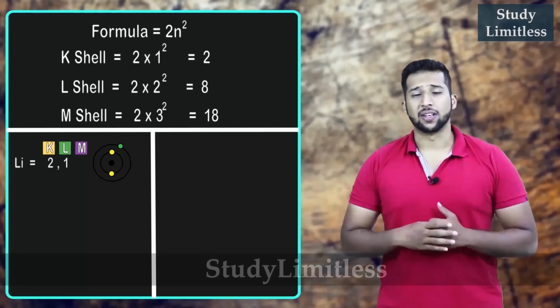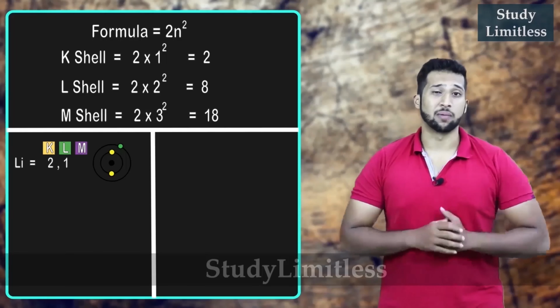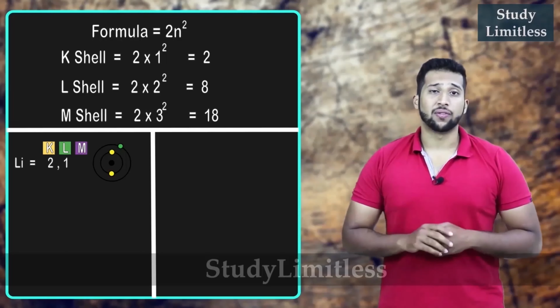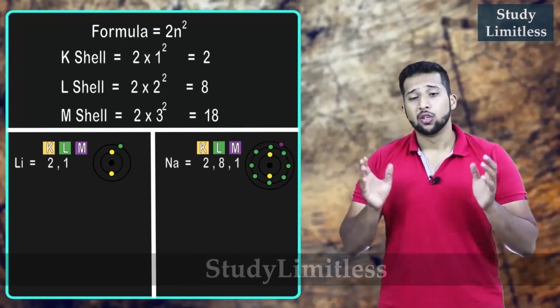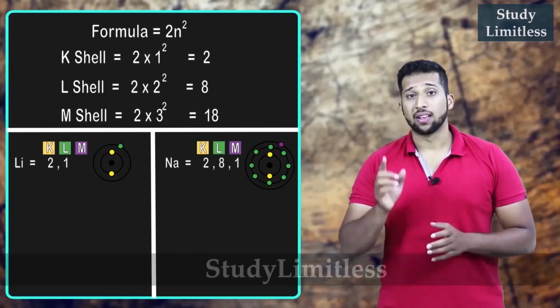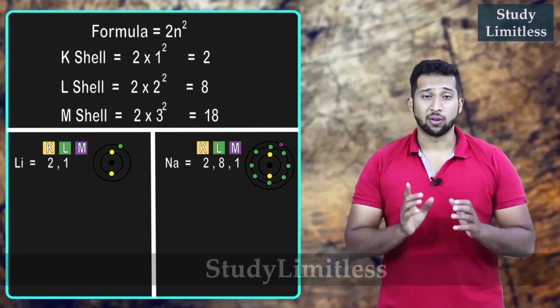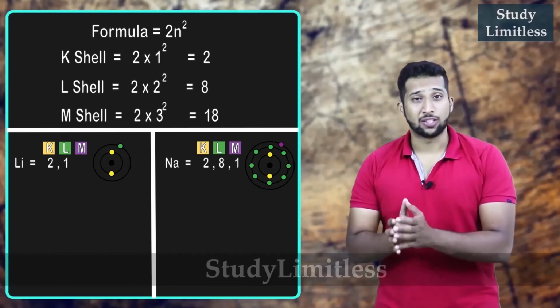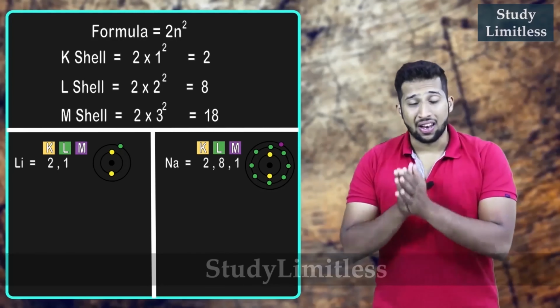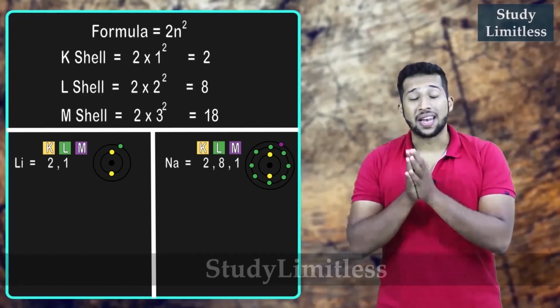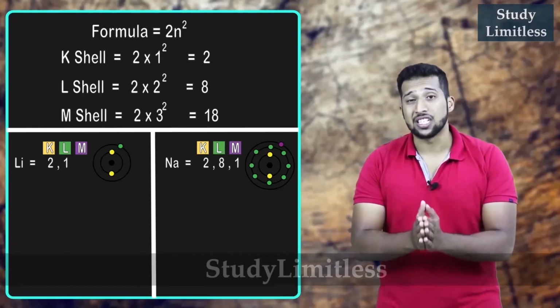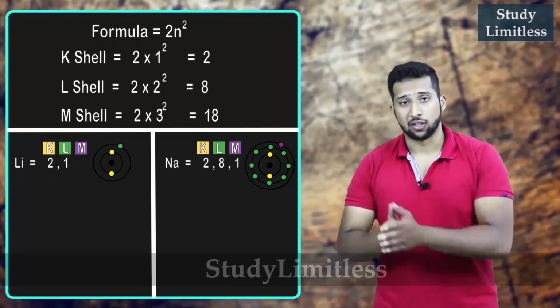Just after lithium, you have sodium in the same group. The electronic configuration of sodium is 2, 8, 1. If you look at it carefully, you have 1 electron in the last shell, but the last shell is no more the L shell, it is the M shell.